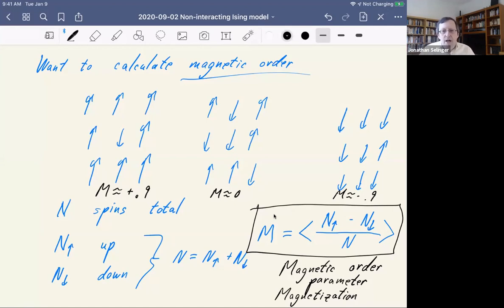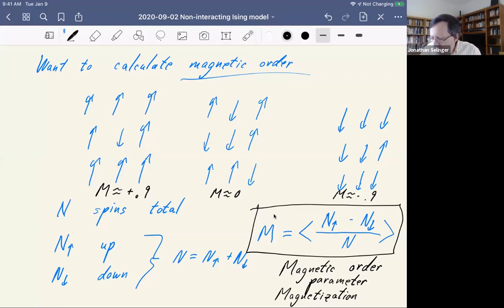And then they'll vary the temperature and see what they get for the magnetic order as a function of temperature, right? Or they might vary the applied magnetic field and see what the magnetic order is as a function of applied field, okay?